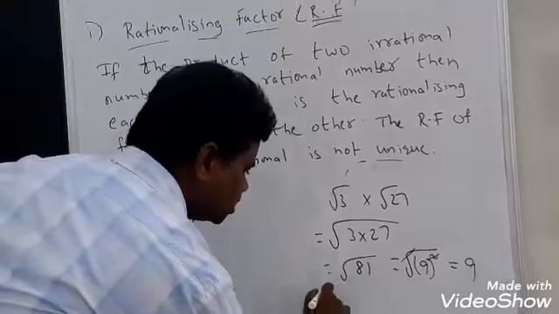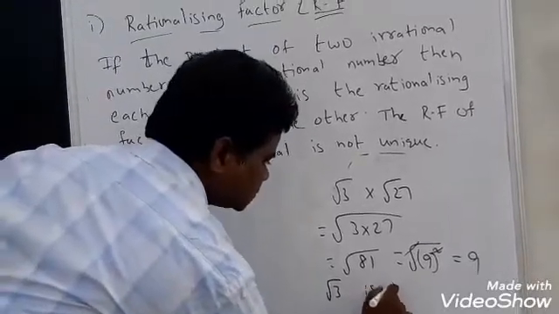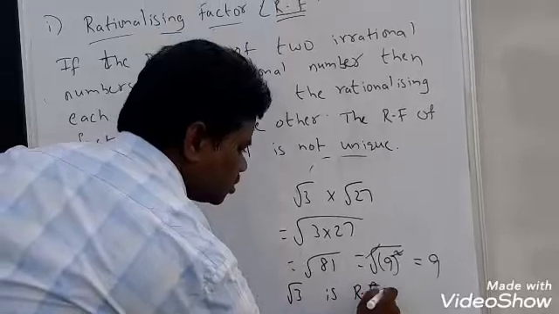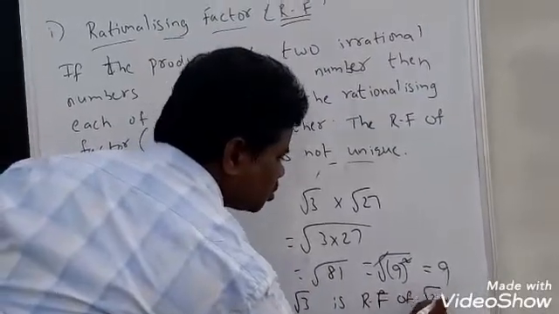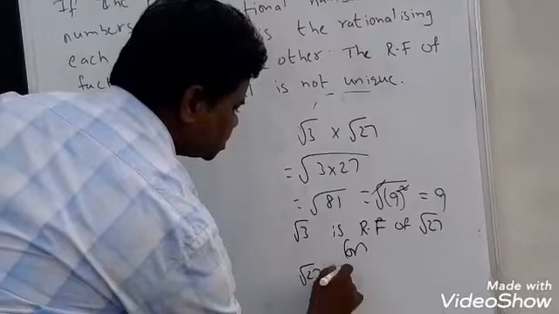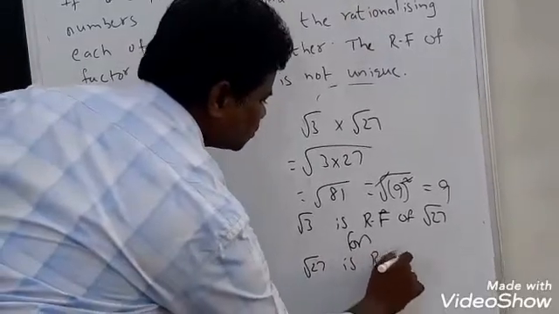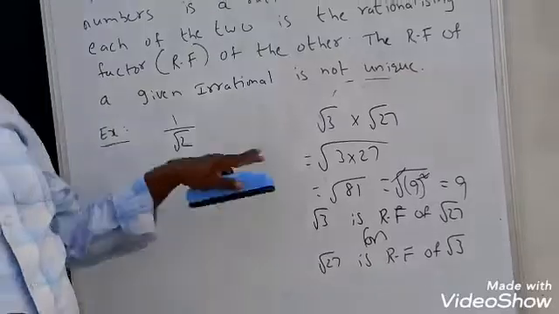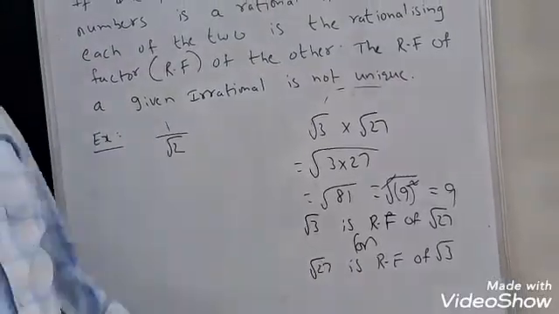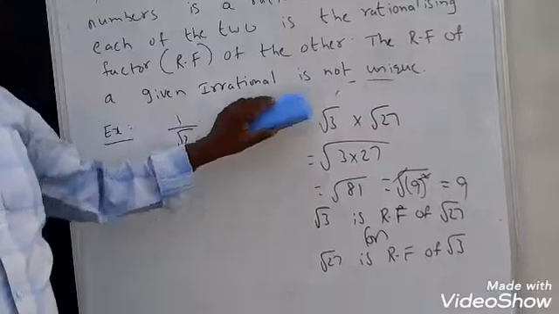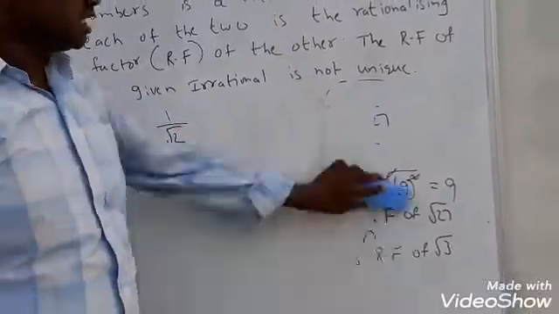Root 3 is the RF of root 27, or root 27 is the RF of root 3. RF means rationalizing factor.